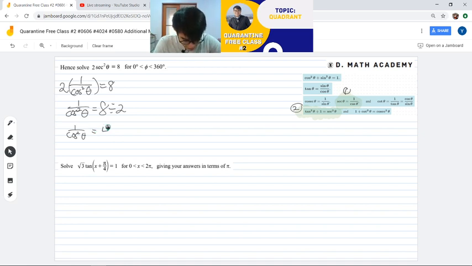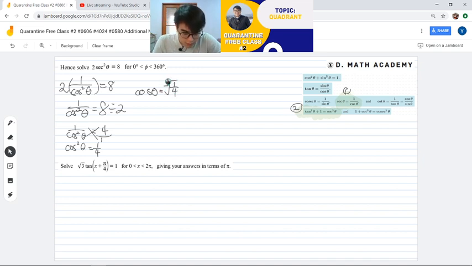I cross multiply them. 4 is a whole number, so I put a denominator of 1. After cross multiplication, you should get cosine square theta equals 1 over 4. How do you get rid of the square? You're required to bring in your square root. So cosine theta equals square root of 1 over 4.